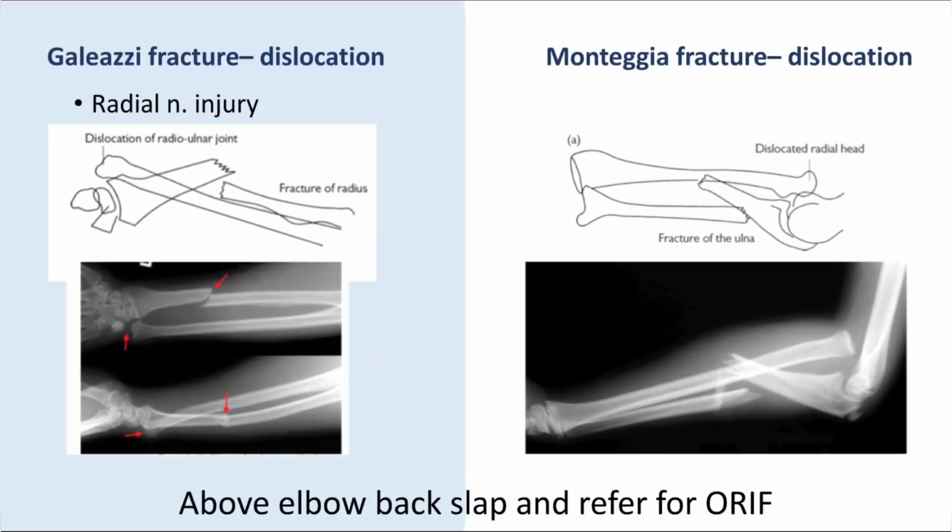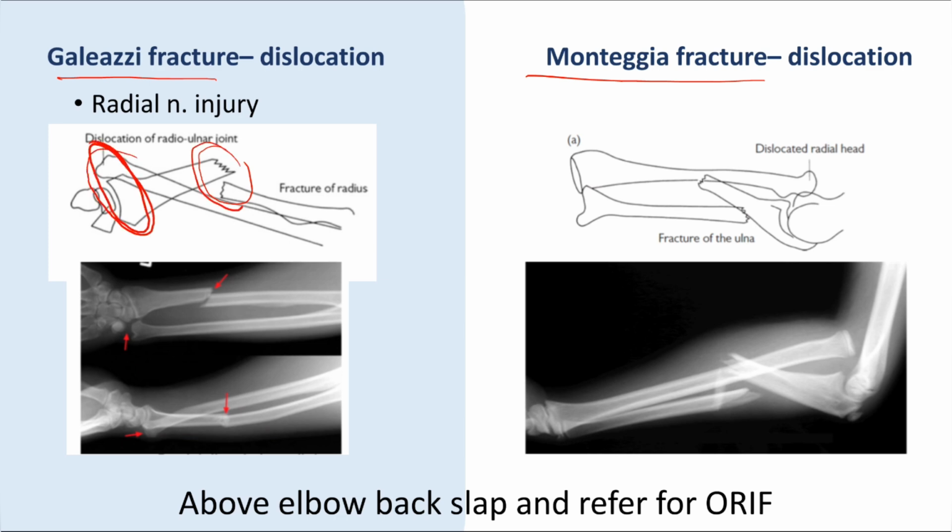We have two commonly mentioned fractures called Galeazzi and Monteggia fracture. In the Galeazzi, there is fracture of the shaft of the radius and dislocation of the distal radio-ulnar joint.